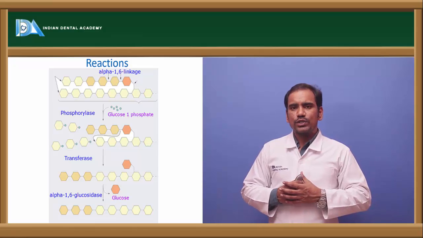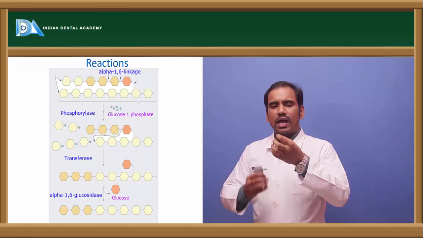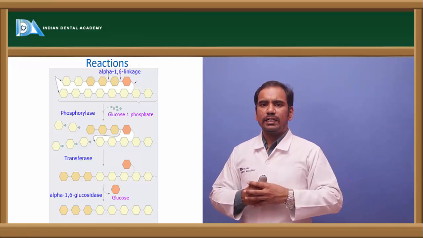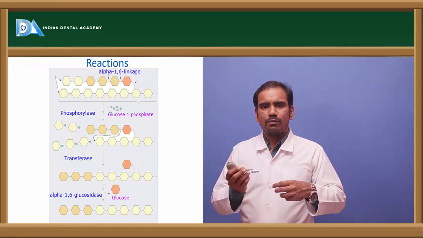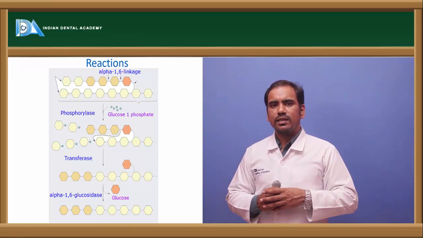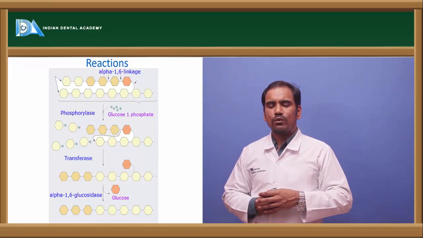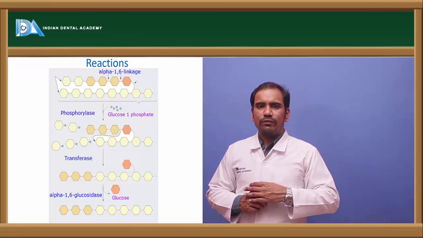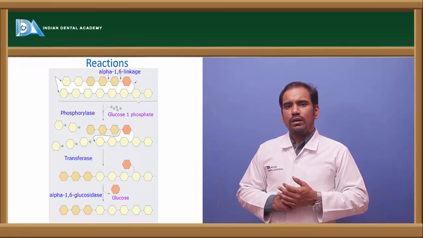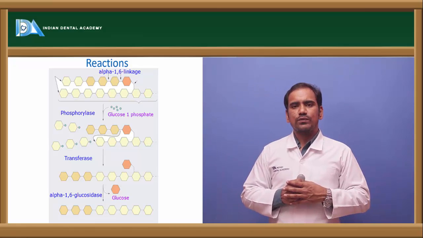So in case of glycogenolysis, we'll start with a glycogen molecule. That glycogen molecule has all the glucose units linked by alpha 1 to 4 glycosidic linkage in the linear chain, and at the branch point it has 1 to 6 linkage. All those glucose units are now released from the glycogen molecule in glycogenolysis. The first reaction of glycogenolysis is catalyzed by the enzyme glycogen phosphorylase.